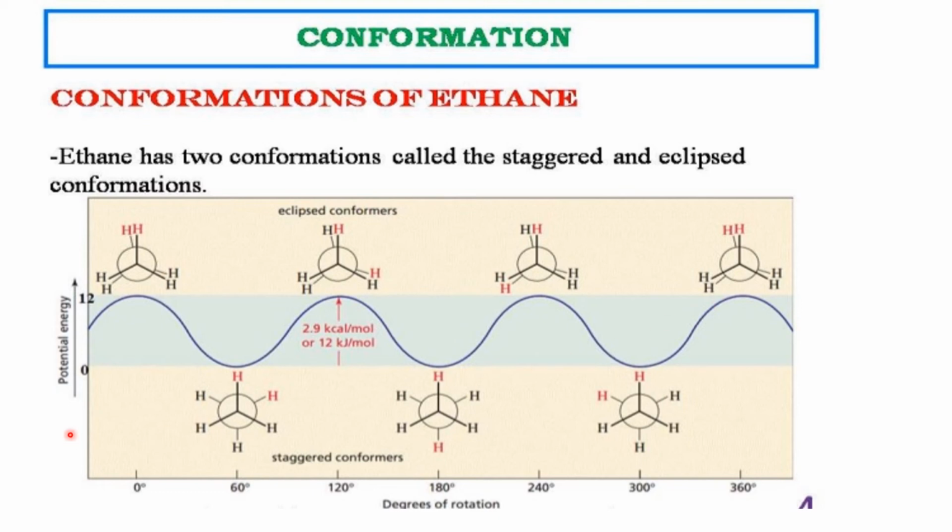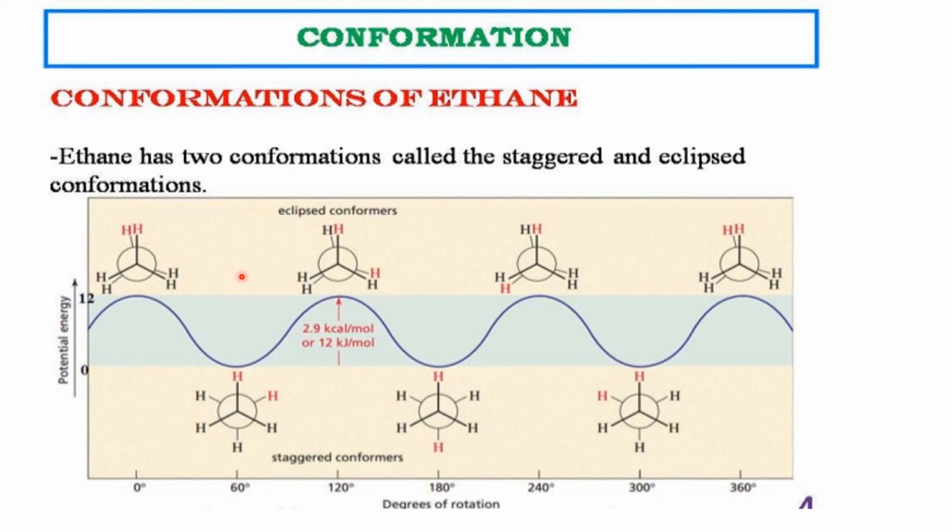And see, this is the potential energy. From this curve or graph, it is clear that the potential energy of all eclipsed conformations is high compared to the potential energy of Stargate conformation. That means for the ethane molecule, Stargate conformation is more stable than eclipsed conformation.